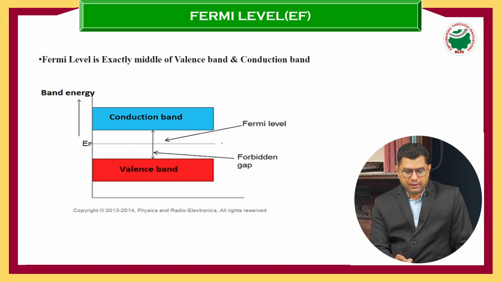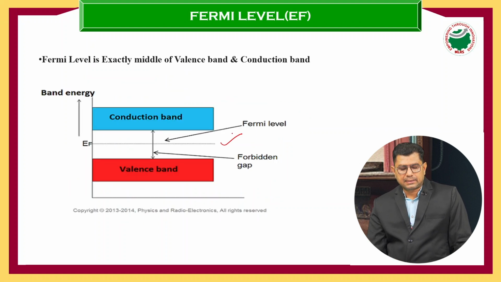The Fermi level is exactly in the middle of the valency band and conduction band. The major drawback of an intrinsic semiconductor is that the conductivity cannot be controlled from outside. Its conductivity is controlled by temperature.